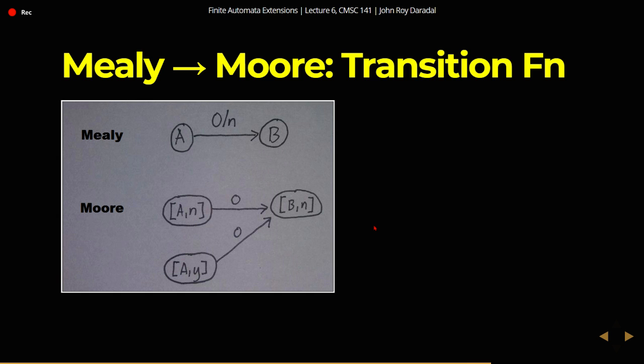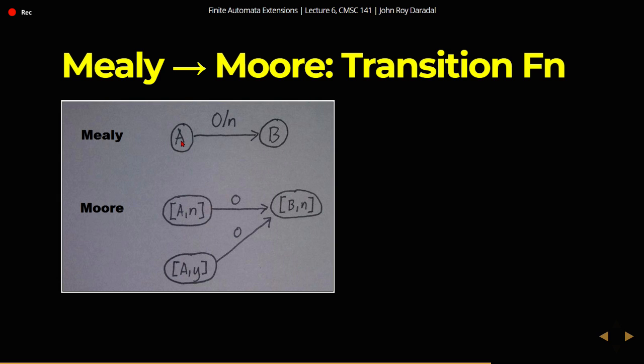Okay. So what does this mean? If your original Mealy machine looks like this, you have the transitions that have the output symbol, right? So you could have AN and AY as the states. For state A, regardless of the output of that state, state A on input symbol 0 will go to B with the output symbol N. So that is the state Bn.